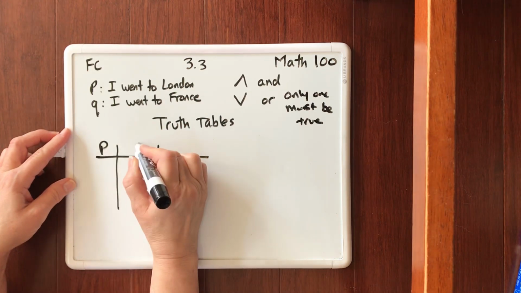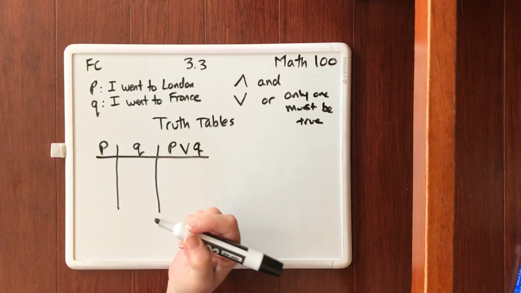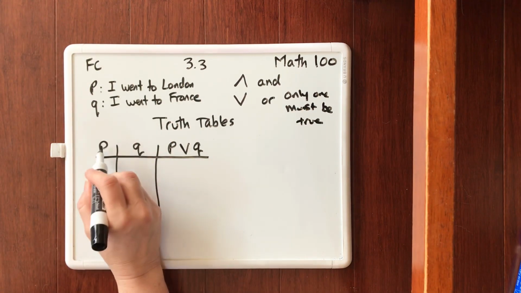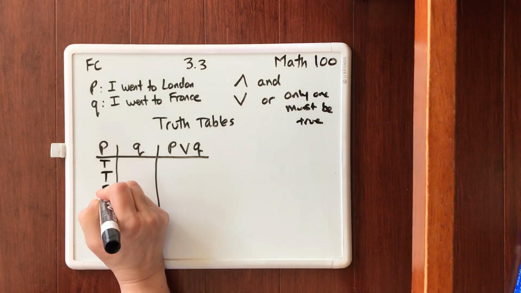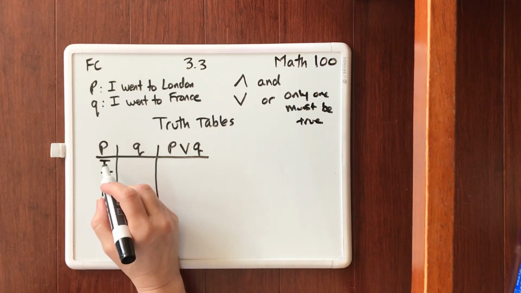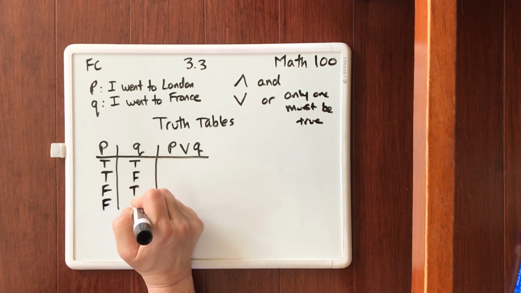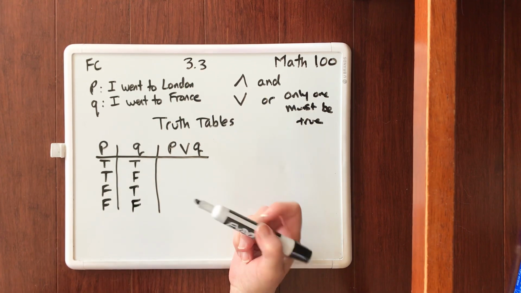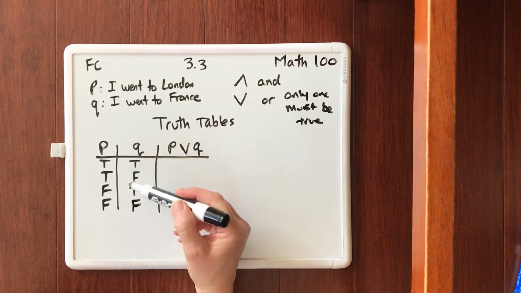We have P and Q and P or Q. All right, to set up all possible combinations, what we do is on the first one, because we have two of these, we put a true, true and a false, false. Okay? And then for the next row, we're going to go every other one. True, false, true, false. Now, if you notice, that covers every possible combination we can come up with. So we have two elements, so we go two T's and two F's, and then we go every other one.